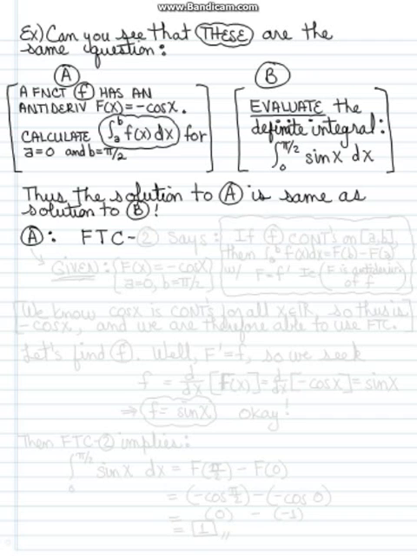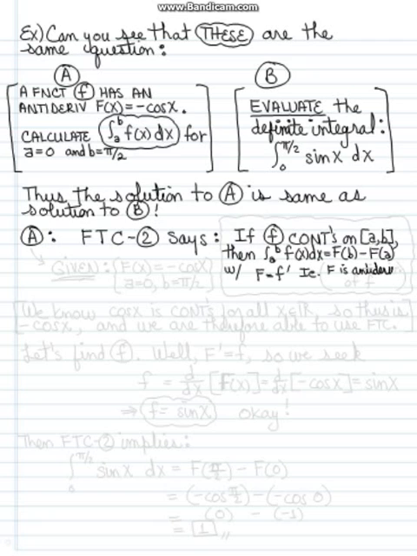Now, we know the fundamental theorem, part 2, says that if little f is continuous on the interval of x values from A to B, then we may conclude that the integral from A to B of little f of x dx is equal to capital F evaluated at B minus capital F evaluated at A, where capital F is defined to be the antiderivative of little f.